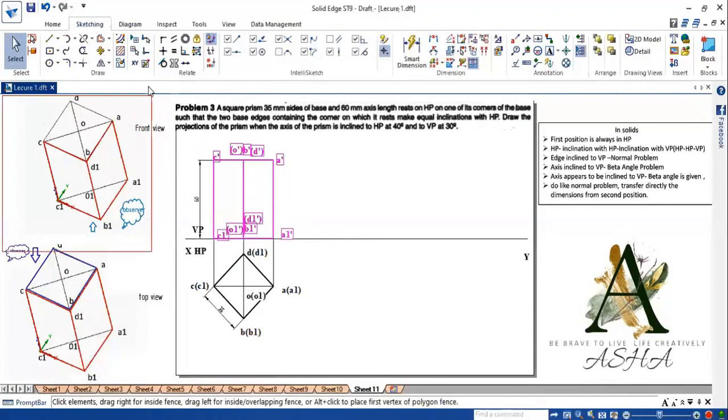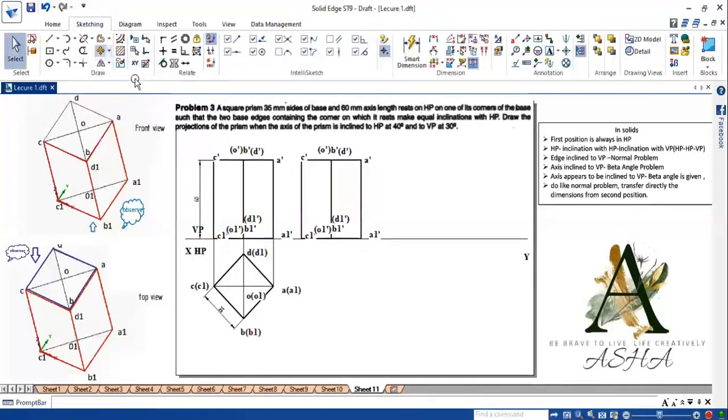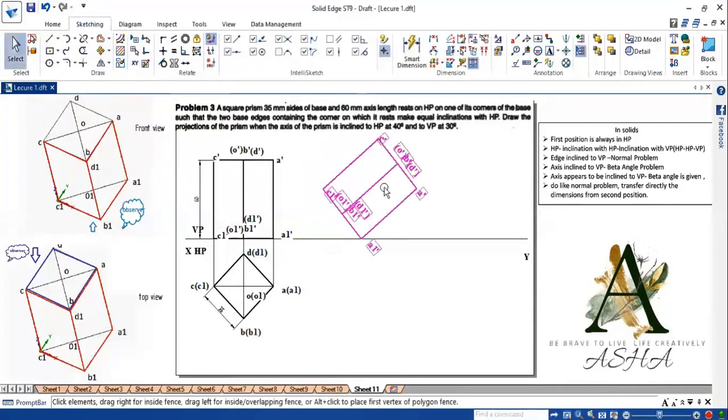For the first position, go for the move option. Keep a copy and move to a different location. Then go for rotate. Select A1 dash, A dash. Give the angle as 40 degrees. Now show the angle.